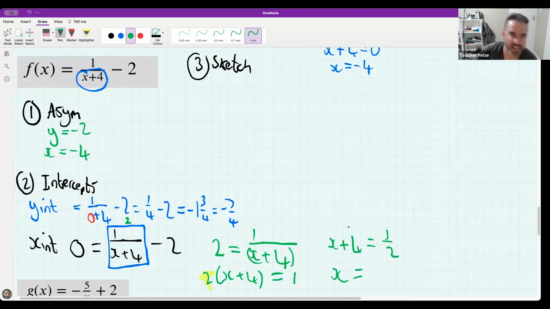What do you think my x-intercept is going to be? Sometimes inspection is easy. Sometimes it's a bit harder. So sometimes you have to do the long way. What do you think my x-intercept is going to be here? Who has some ideas?